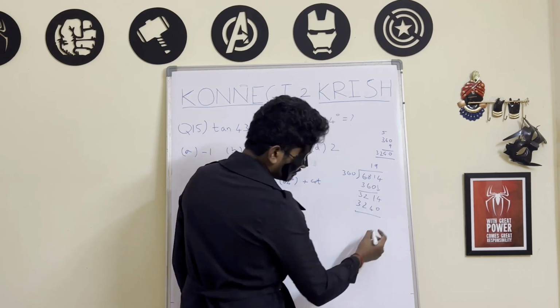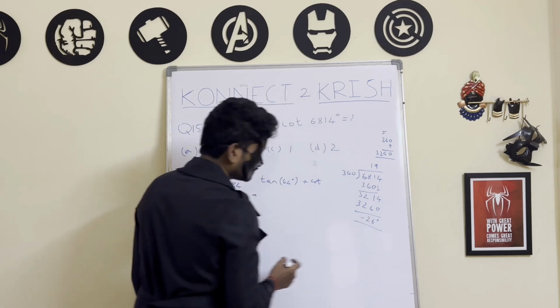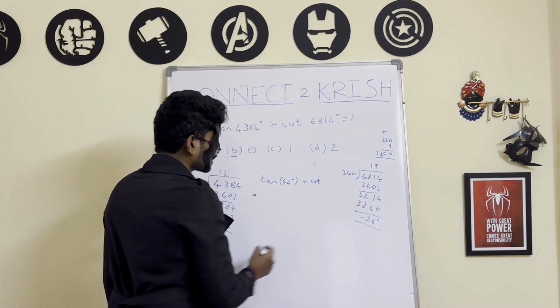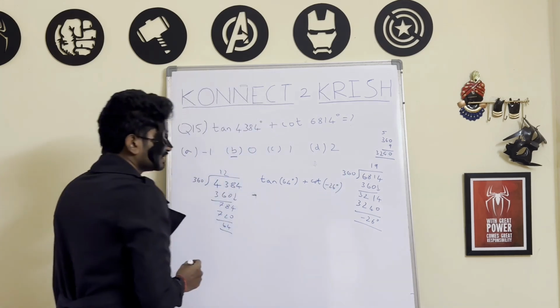So the remainder will be minus 26. How this I can write as cot of minus 26 degrees, right?